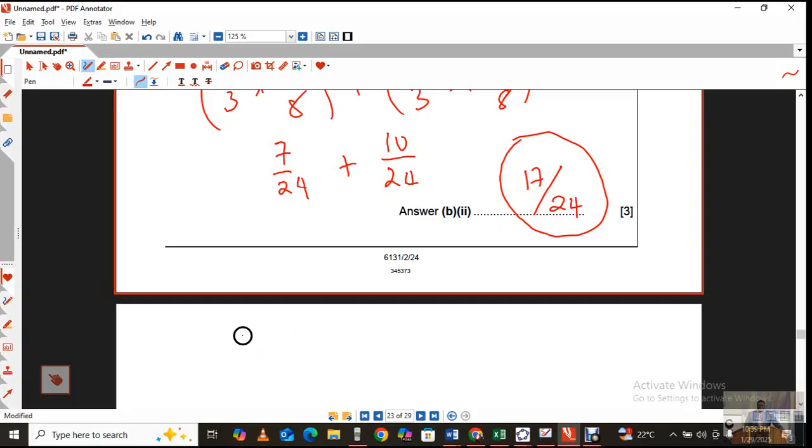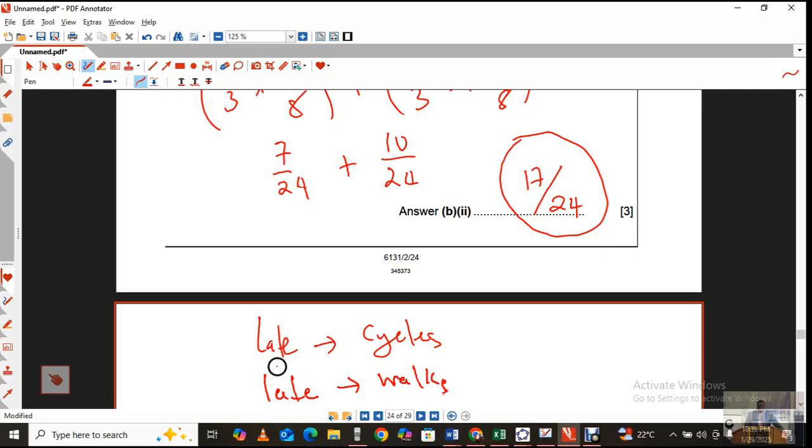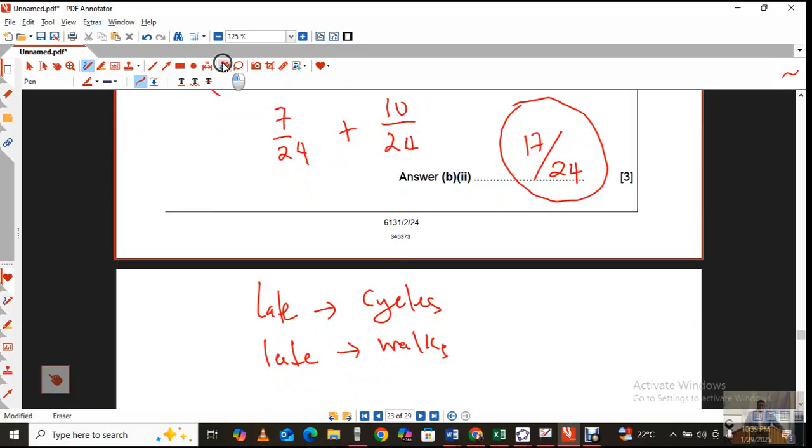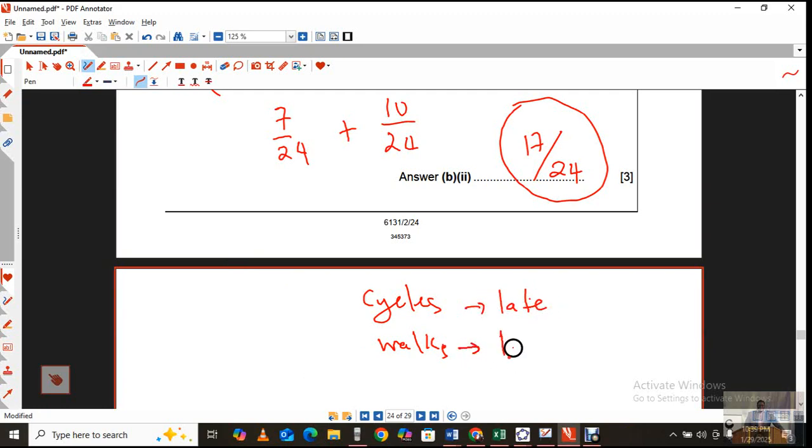So we are going to look at where he's late when he cycles. We're going to look at when he's late when he walks. Or the other way around, I could have written cycle first and then late. Okay? Cycle and then late, walk and then late. So just have it in the same order so that we are sticking to the way it is given. So we say, let's find when he cycles and he's late, when he walks and he's late.